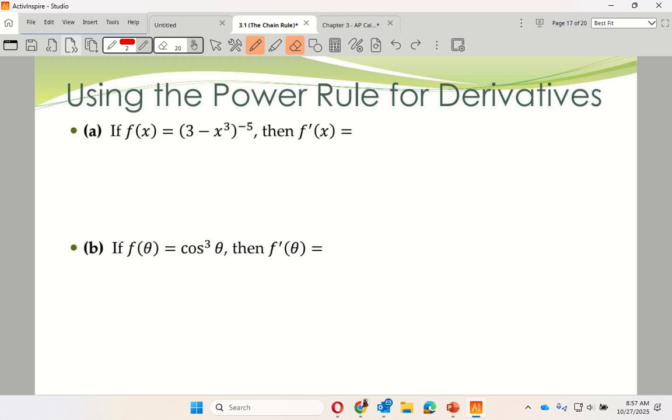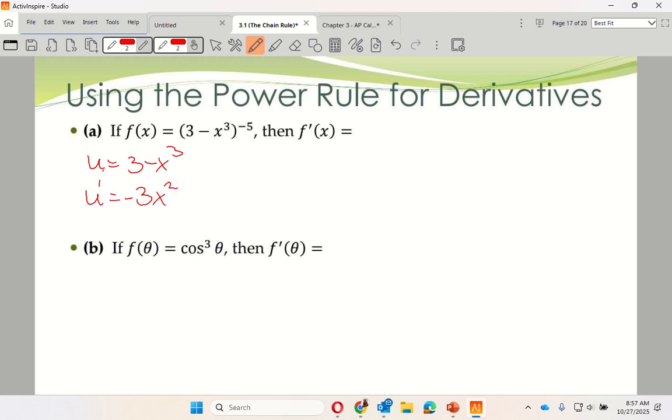Okay, so I'm going to say that this is going to be u. What's u prime? Negative 3x squared.